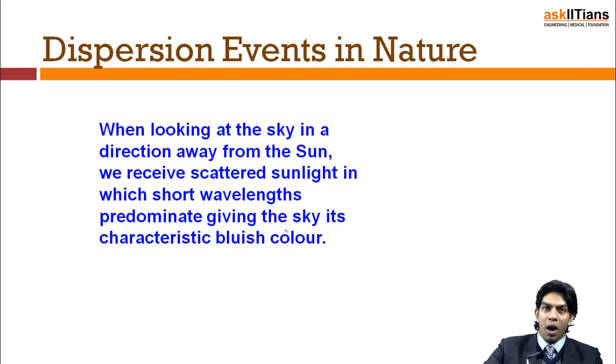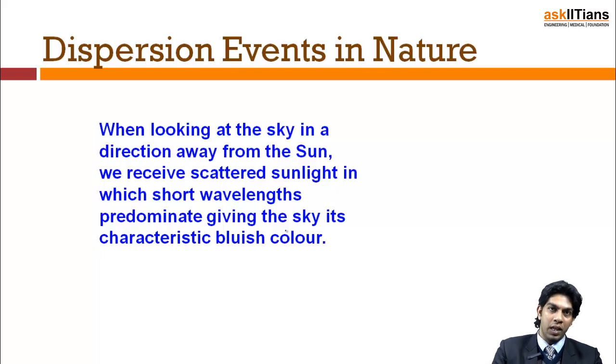Now, if you go high, the particles which we come across in the atmosphere are of a very small size, small enough, smaller than the longest wavelength of the light which the sun throws in. So there is effective scattering of the light which has shorter wavelengths.